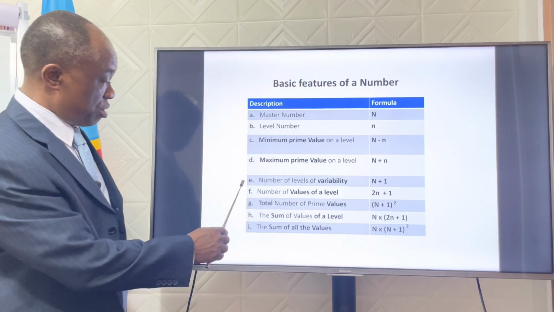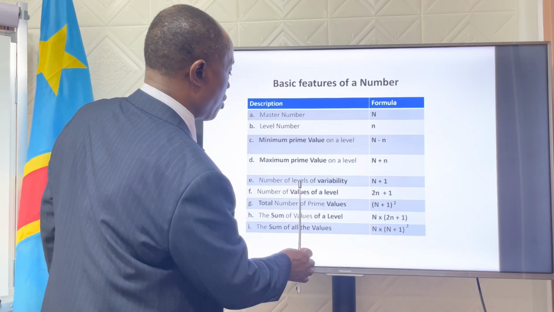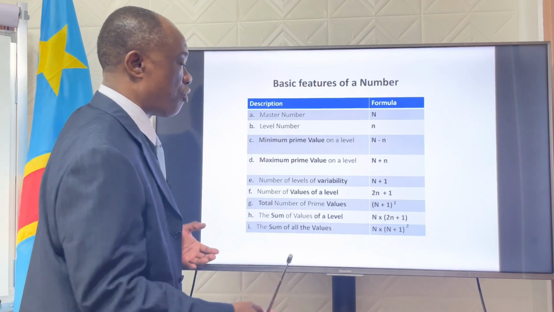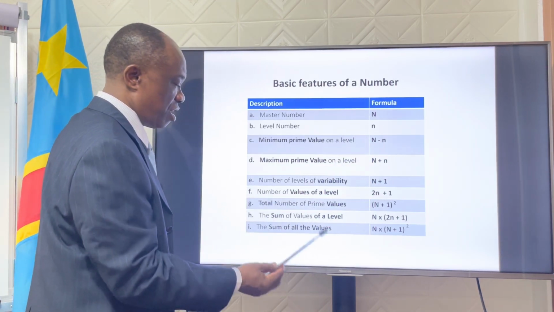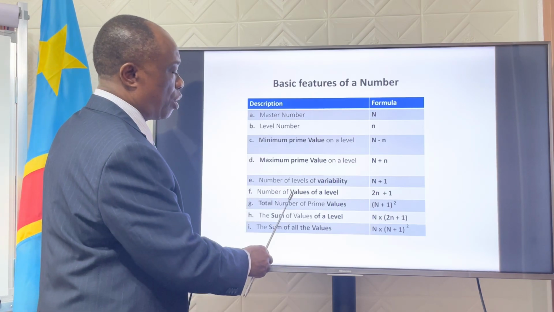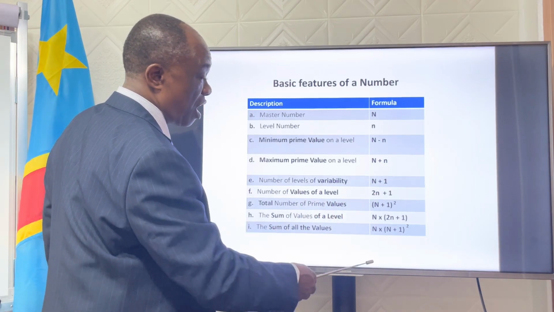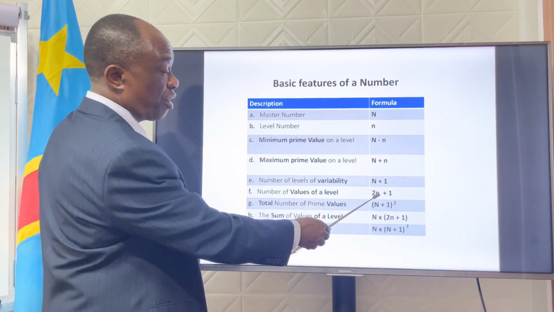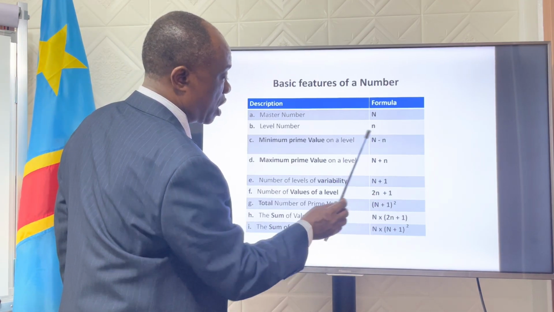So we go here: number of levels. If you want to know the number of levels, of course, I said already, n plus 1 for any number. Then the number of values on a level: you have to get the level number times 2 plus 1.